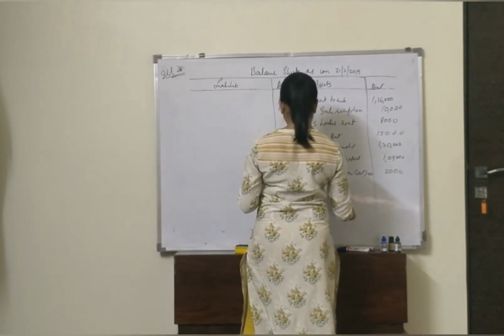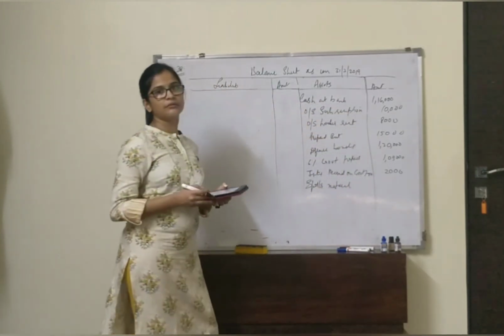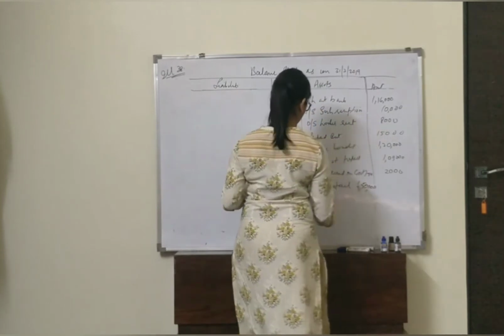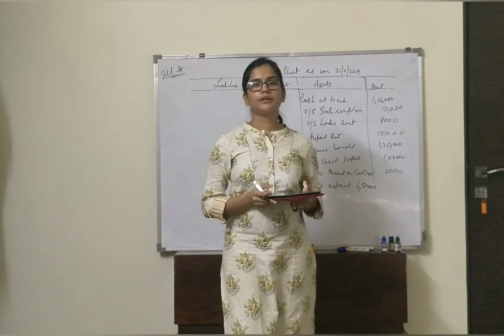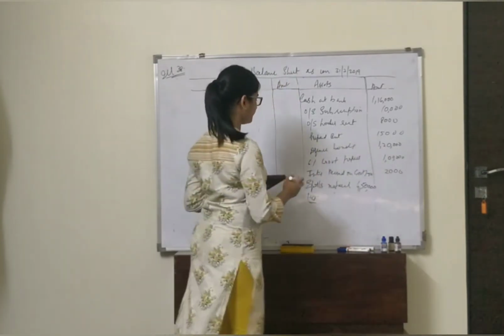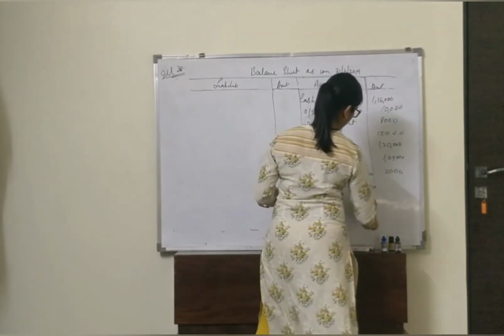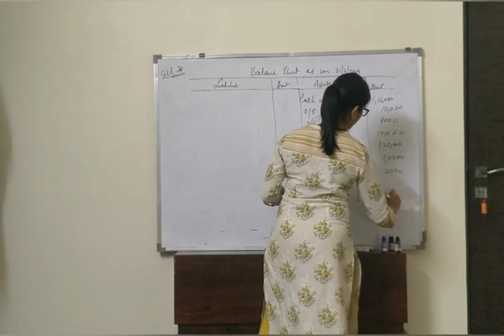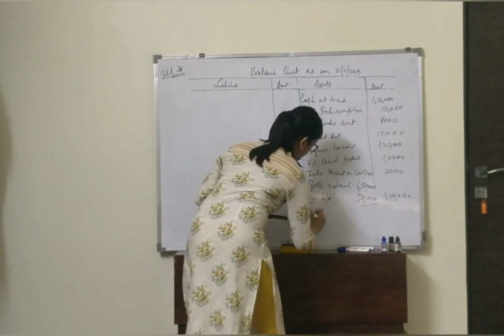Then we have sports material. What is the closing balance they have given us? 4,50,000. Then in the adjustment they have given us 30,000 is written off or not usable. So we will deduct that 30,000 from our sports material. So we get 4,20,000.